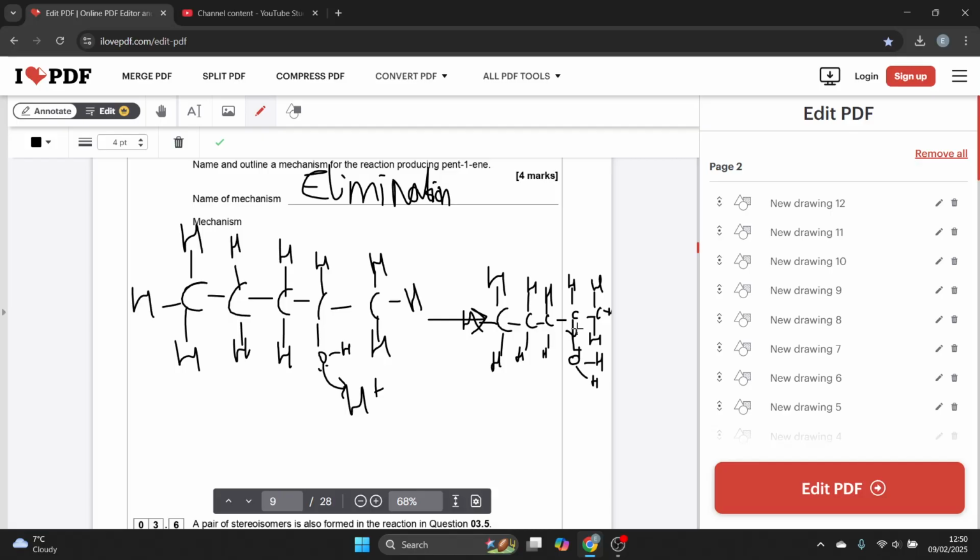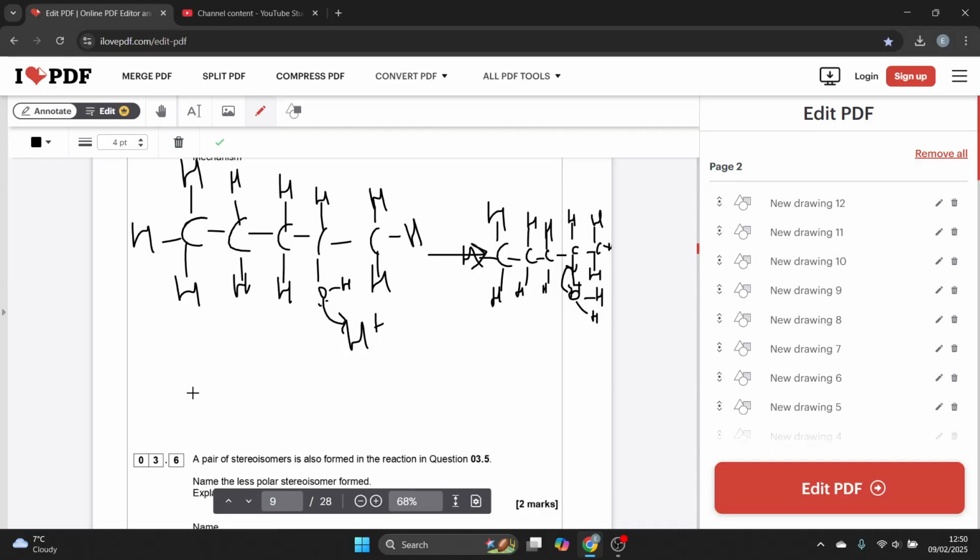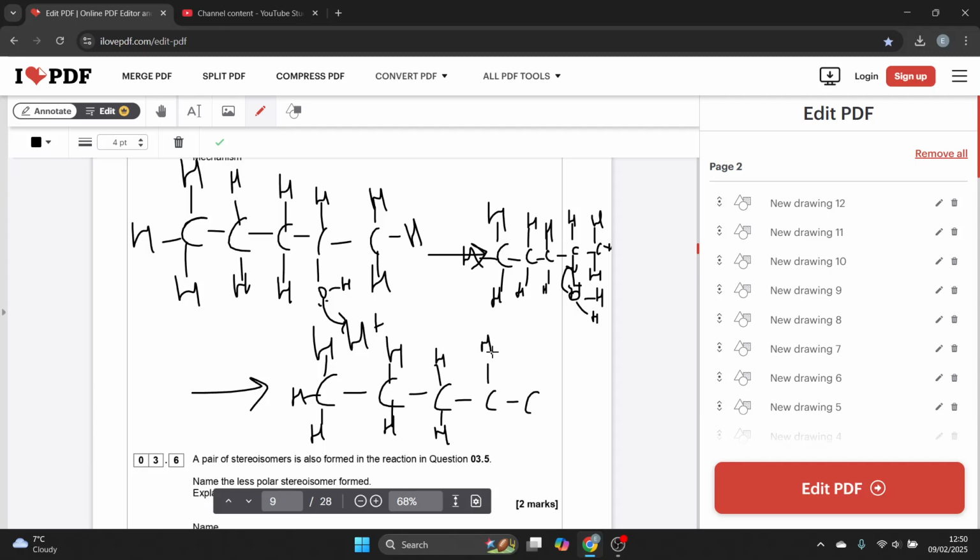And then what happens is you've got your carbocation here. This leaves as H2O. And now this carbon has a positive charge, CH3, and the OH left as water.